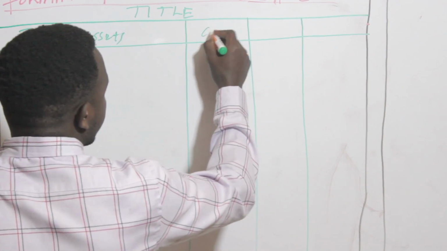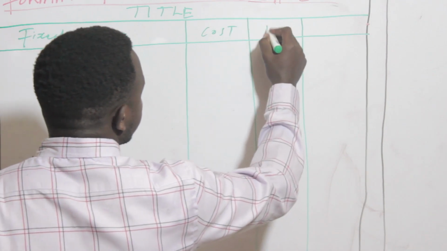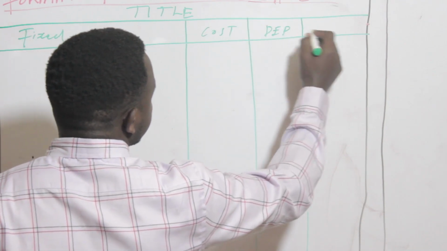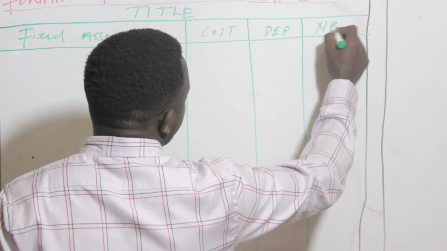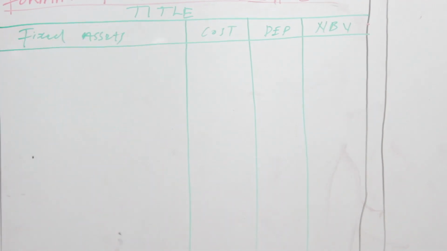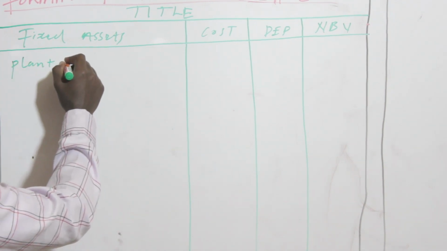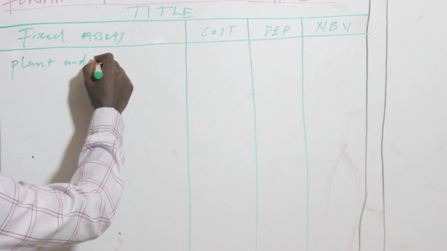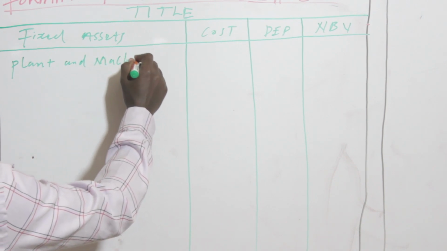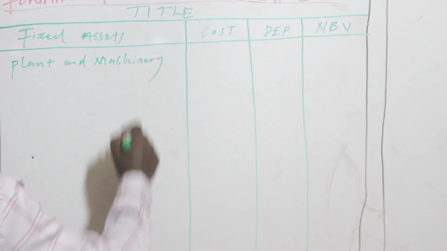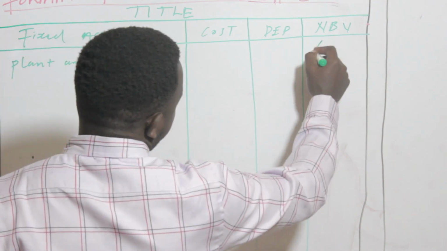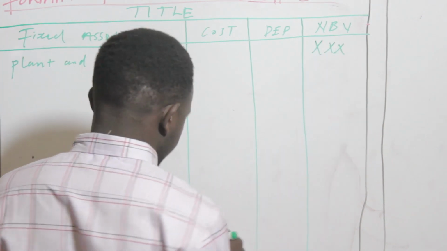Then we're going to have our cost here. Then we're going to have depreciation, and we're going to have net book value. So for the fixed assets, we know we can have plant and machinery, so we can have an amount here.